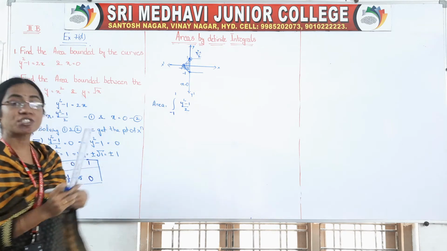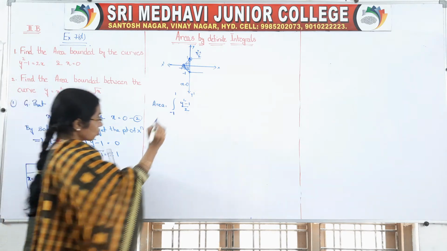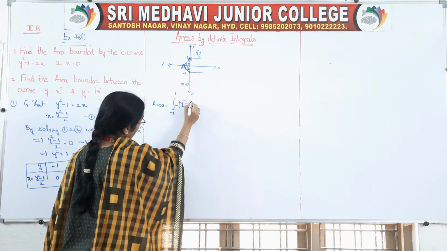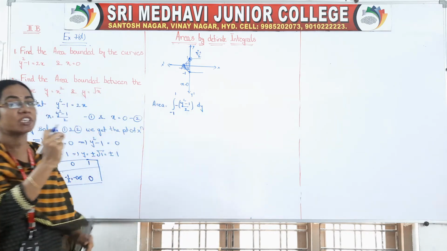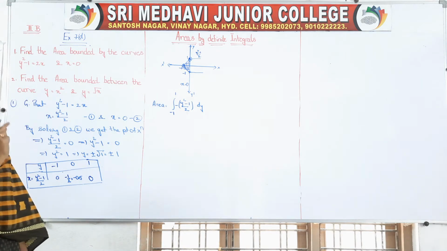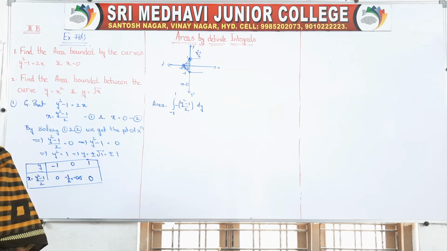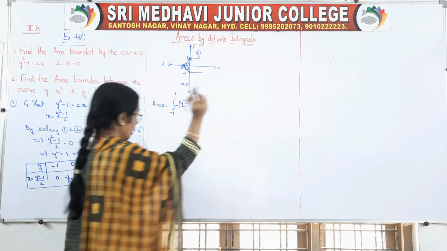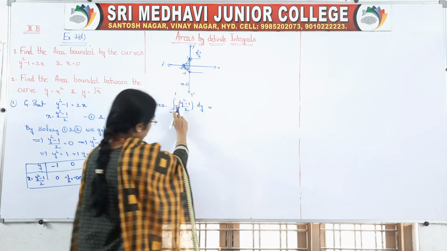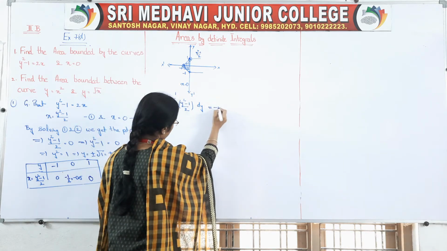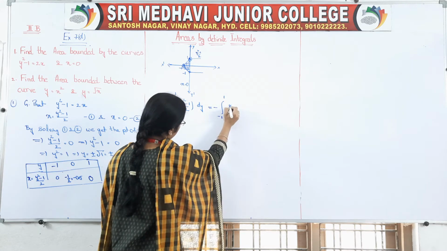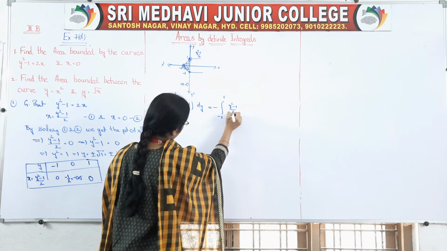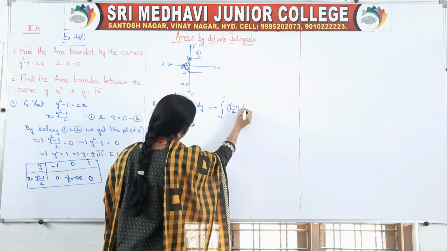It is on the left side of the y axis, so you take the minus of that curve equation, and since the curve equation is in terms of y, we write dy. First take the minus sign outside: minus the integral from minus 1 to 1 of y square minus 1 by 2 into dy.